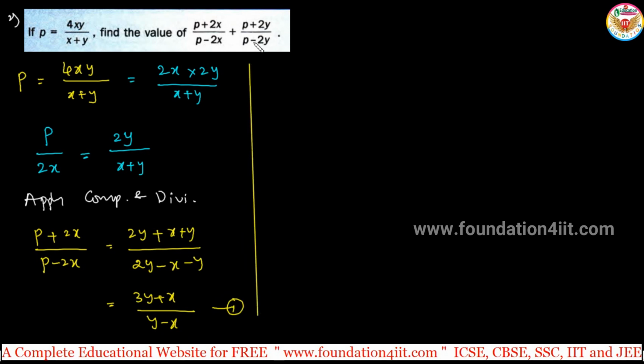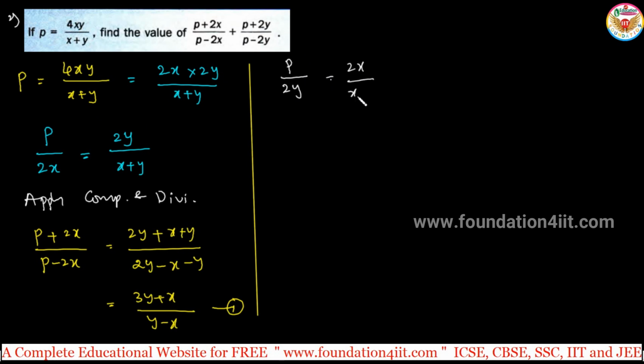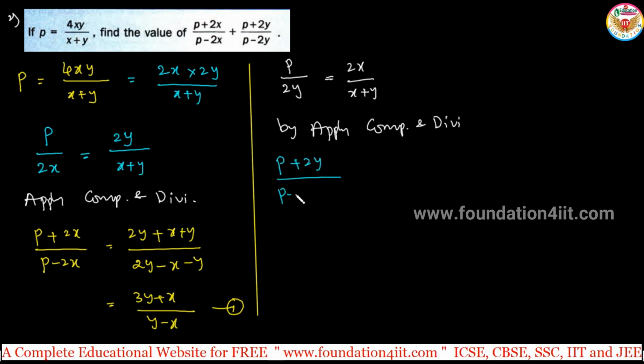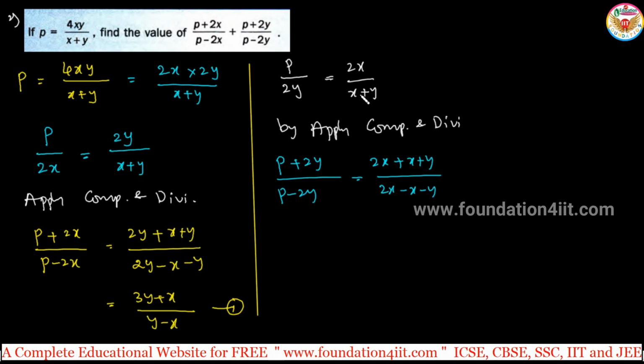Same way we require p plus 2y by p minus 2y. So here, from the same statement, 2y can be taken to the denominator. So p divided by 2y is equal to 2x by x plus y. Now by applying the componendo and dividendo rule, p plus 2y by p minus 2y becomes 2x plus x plus y by 2x minus x plus y, so minus y.